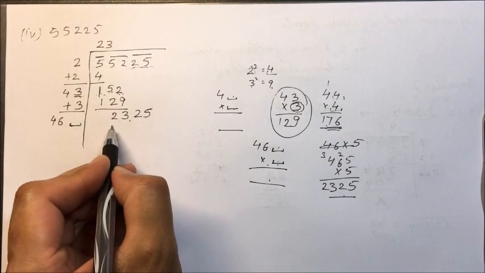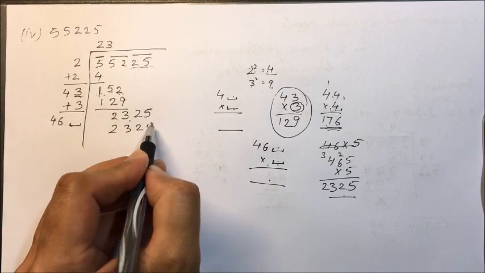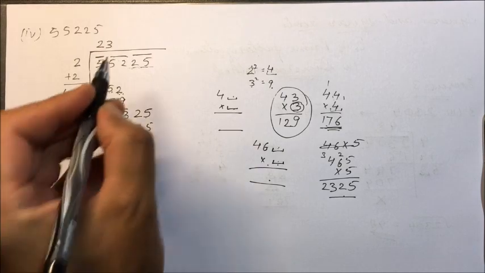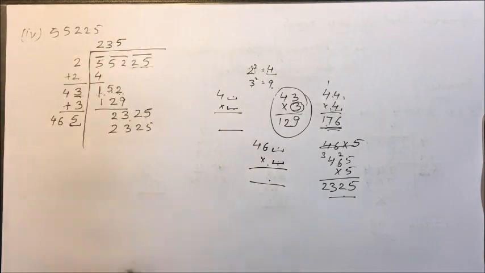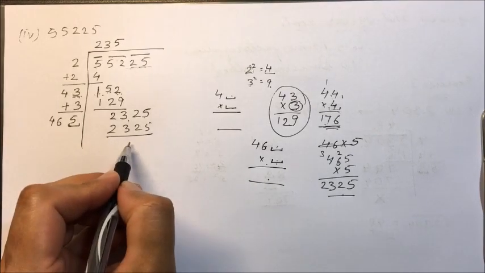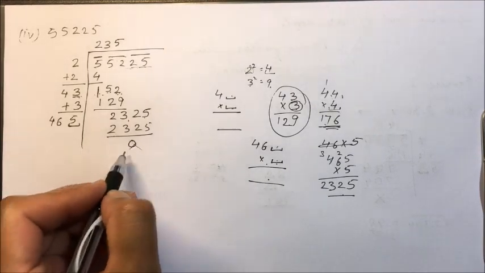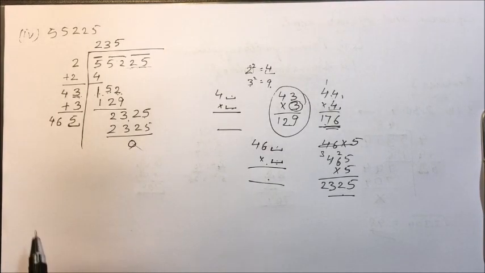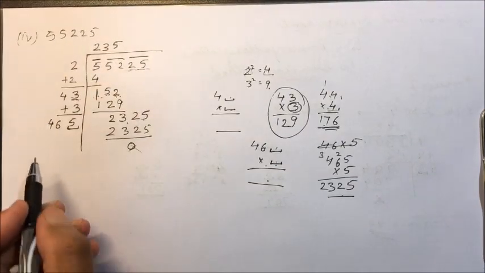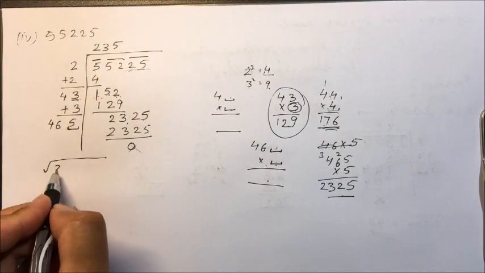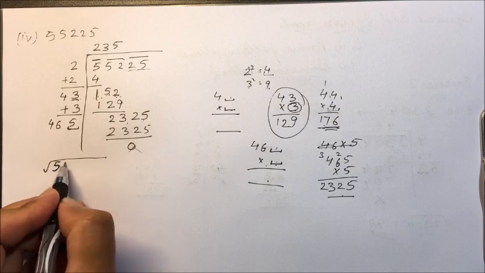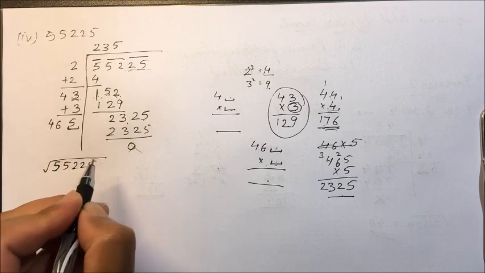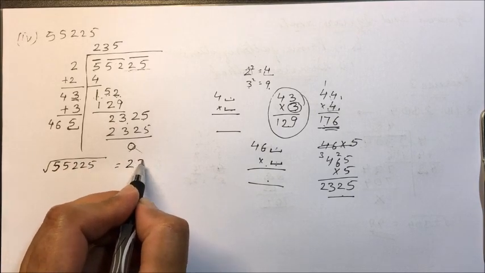They are equal numbers, the same number, 2325. Here we will write 5, and the remainder is 0. So the square root of 55225 equals how much? It is 235.